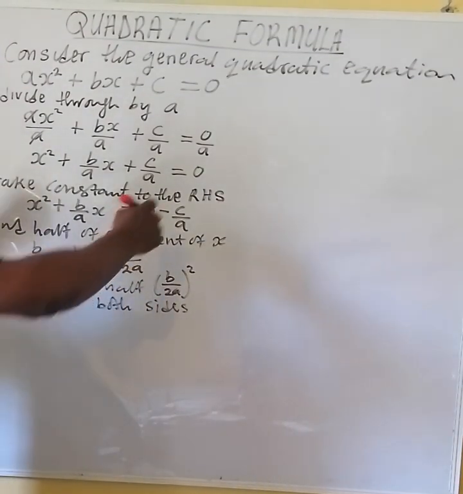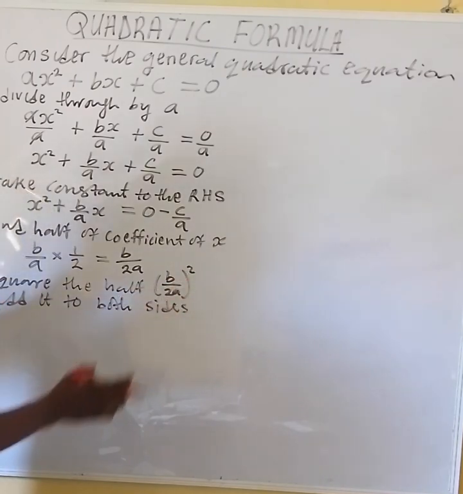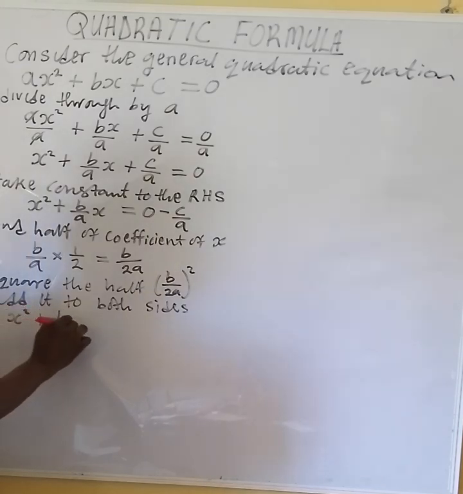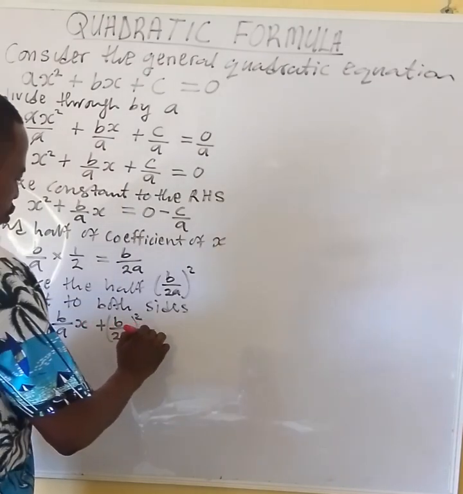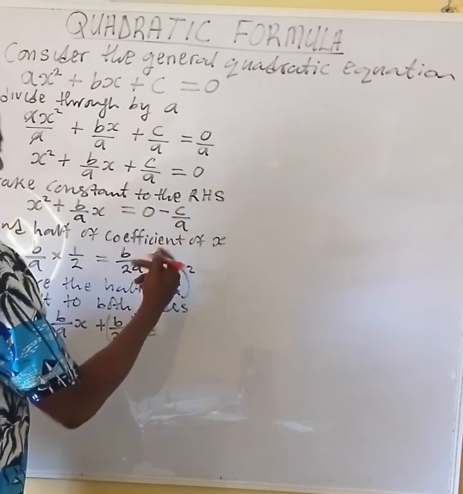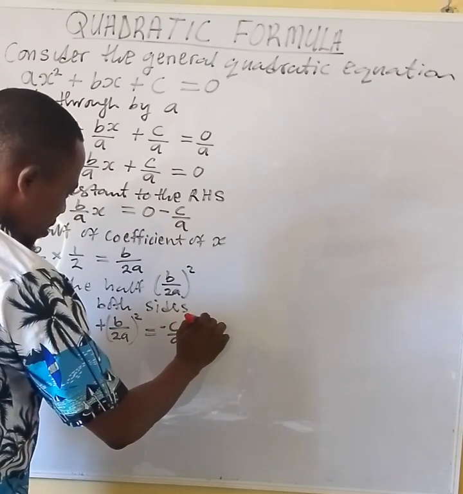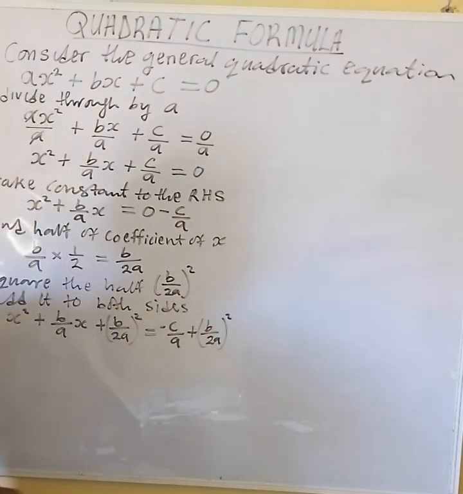This is where we stop now. We are now going to add the square of the coefficient of x to both sides. It will now give us x squared plus b over a x plus b over 2a squared equals, now 0 minus c over a will give you minus c over a plus b over 2a squared.